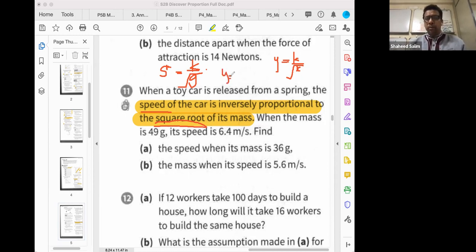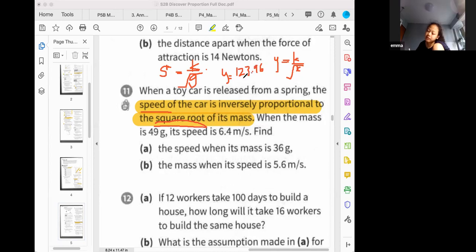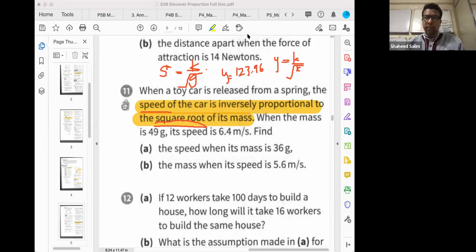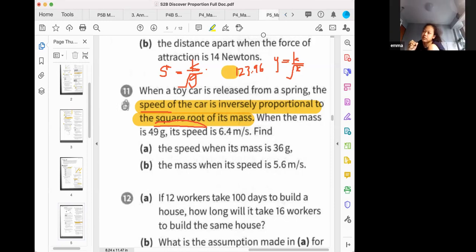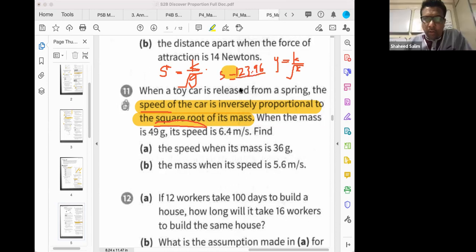Y equals 123.96. S equals, sorry, S. Okay. We got S equals 123.96 divided by square root of G, right?